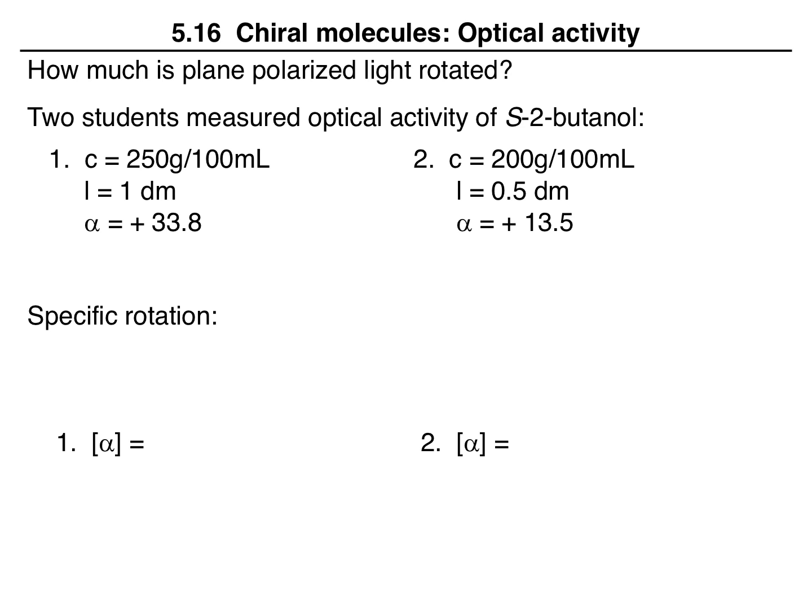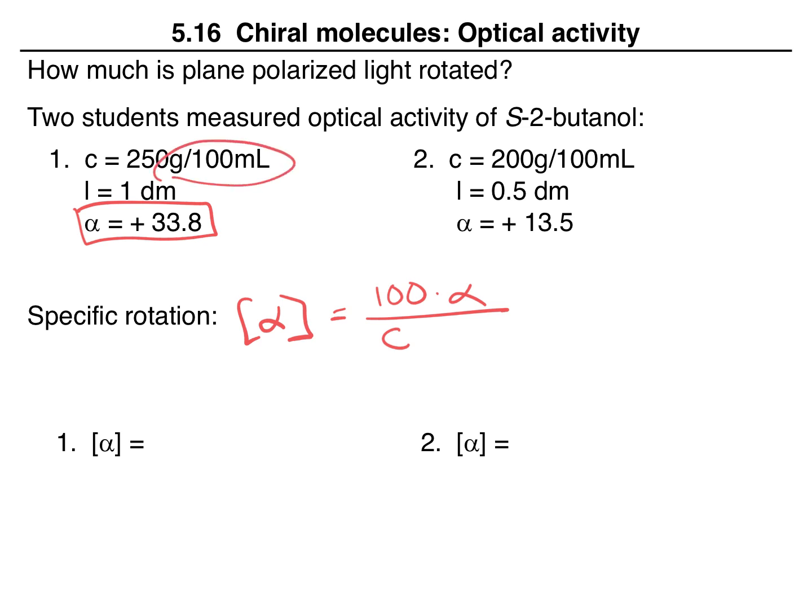So rather than focusing on the rotation of a particular sample, instead we consider the specific rotation. That has alpha in brackets, and this is defined as 100 times alpha, the measured rotation, divided by C, the concentration in grams per 100 mLs, times L, the path length, in decimeters.